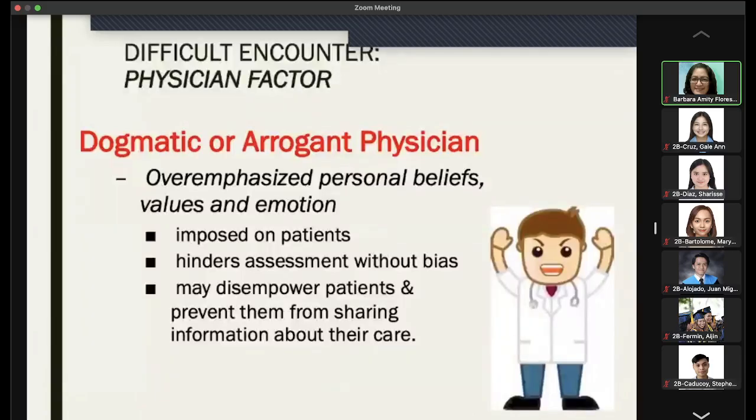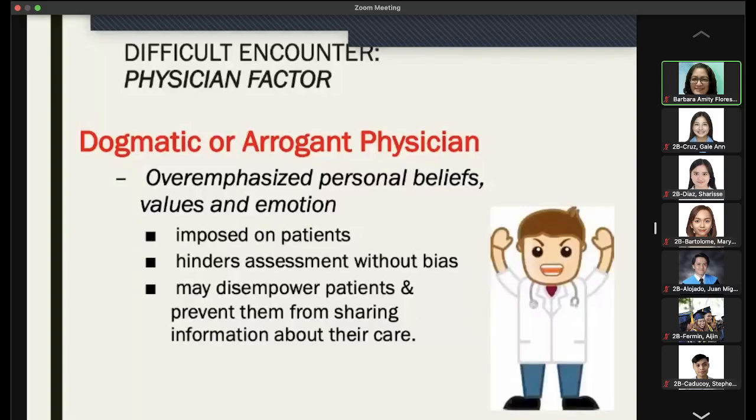Then you have your dogmatic or arrogant physician. So this is the kind of physician who is rigid, inflexible, assertive, basically arrogant. They have overemphasized personal beliefs, values, and emotions, and these strong personal ideas are imposed on patients.